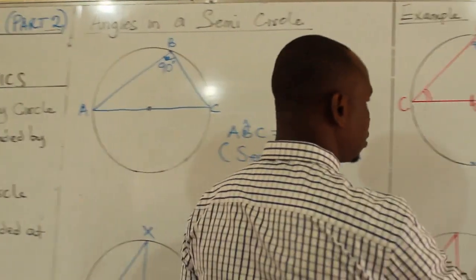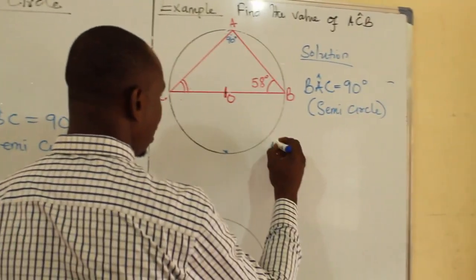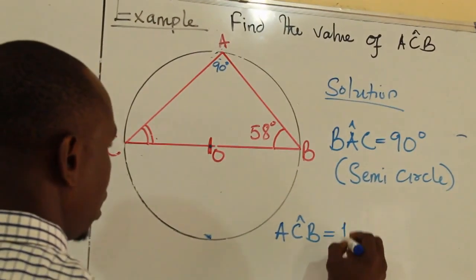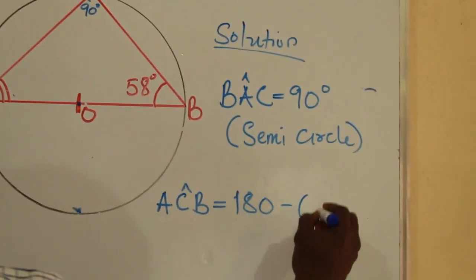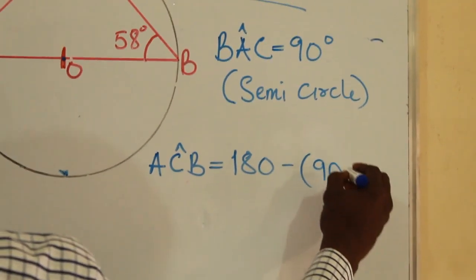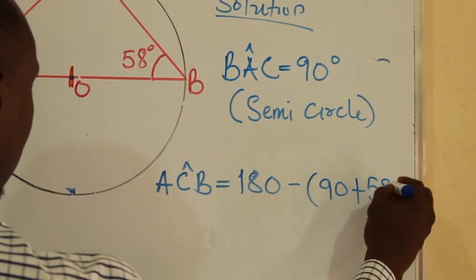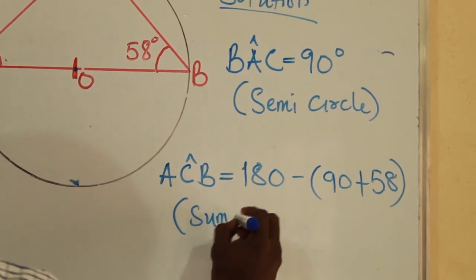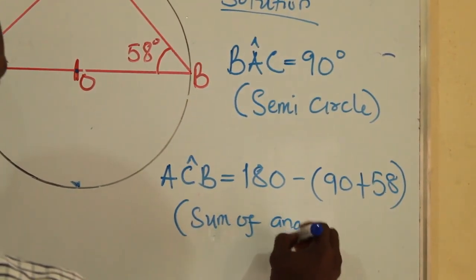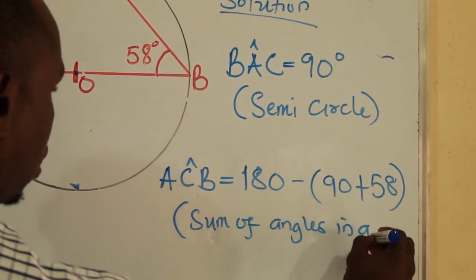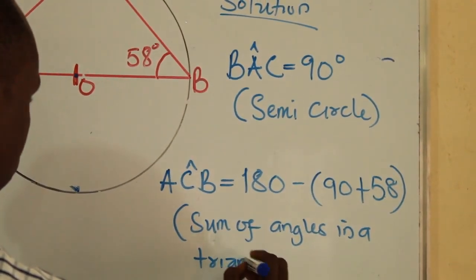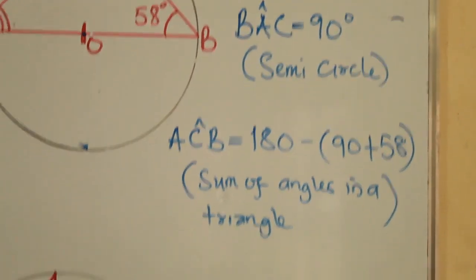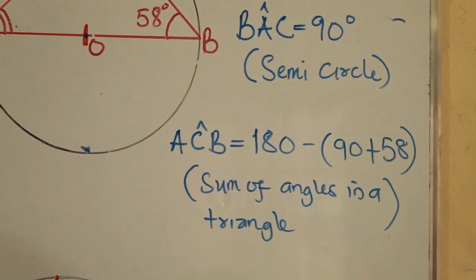So I quickly write that ACB is equal to 180 minus the sum of 90 and 58. The reason is sum of angles in a triangle. 90 plus 58 is 148.